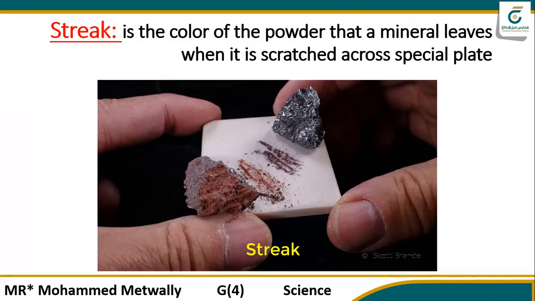So scientists use streak to identify minerals because each mineral has its own powder when they scratch it across a special plate.